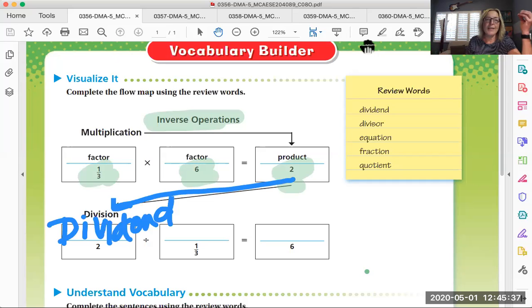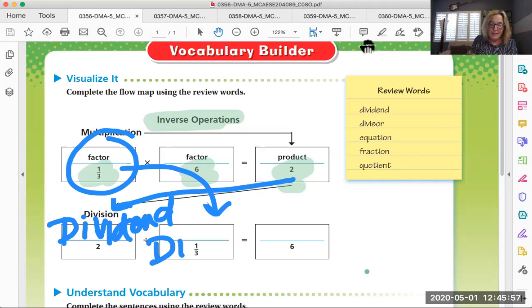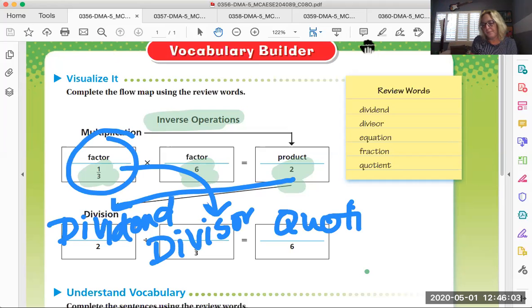So when I said 2 times 5 is 10, the related division problem was 10 divided by 5 equals 2. So 10 was the product of the multiplication, but it becomes the dividend of the division problem. Then if we take one of the factors and move it into this spot, that would be the divisor. And the result is the quotient.